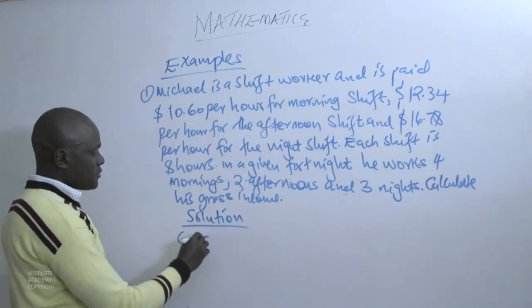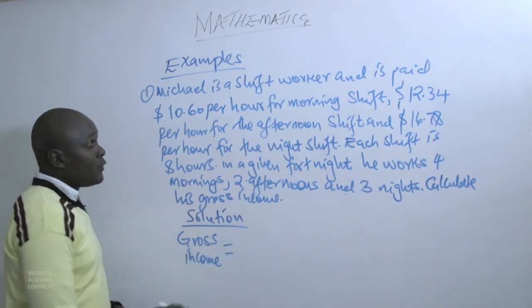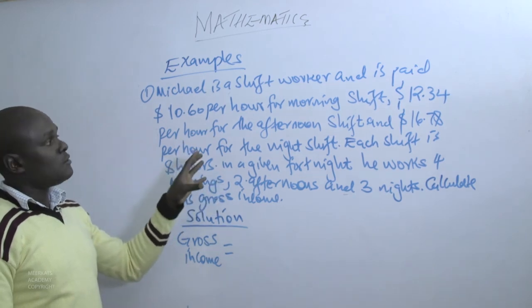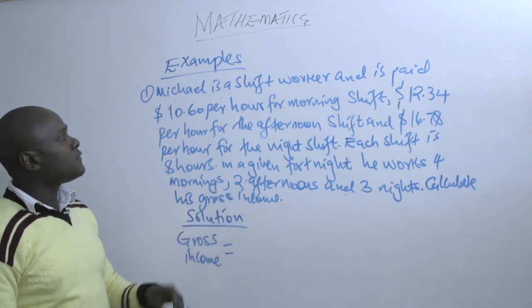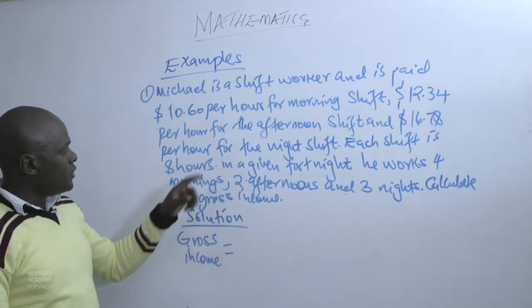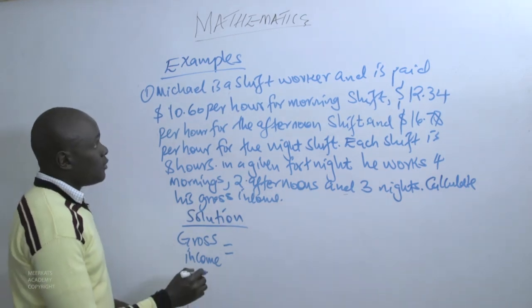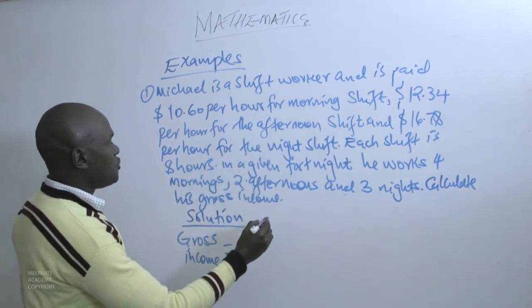For us to get his gross income, we will have to calculate the earnings under the different shifts. For the morning shift, we are told he did work 4 morning shifts.